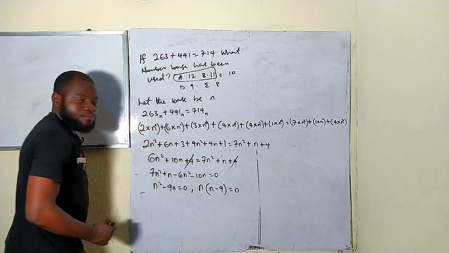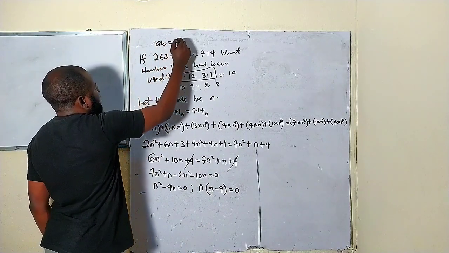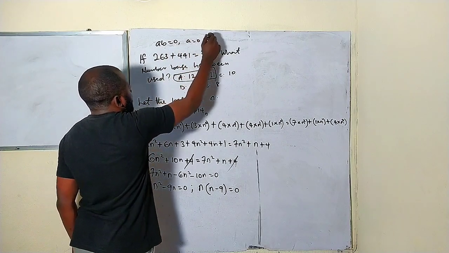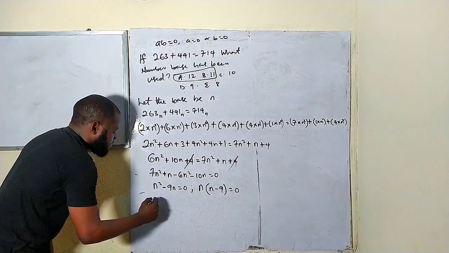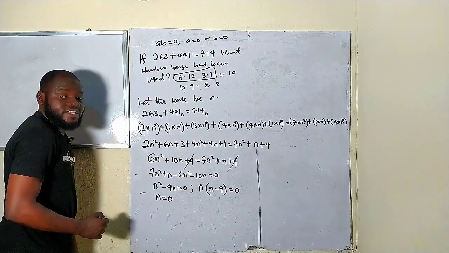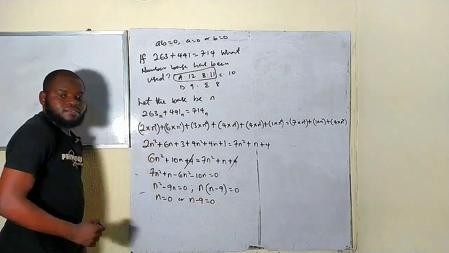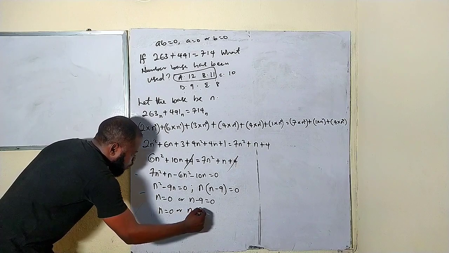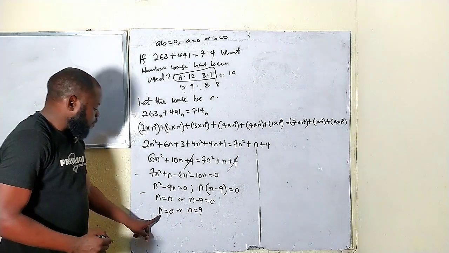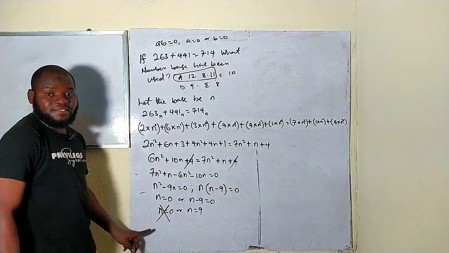And you are going to agree with me, if I have A times B equals 0, A can be 0 or B should be 0. So for that reason, you can say n is equal to 0, or you say n minus 9 equals 0. So n equals 0 or n equals 9. It's not possible for the base to be 0. For that reason, this one is cancelled.